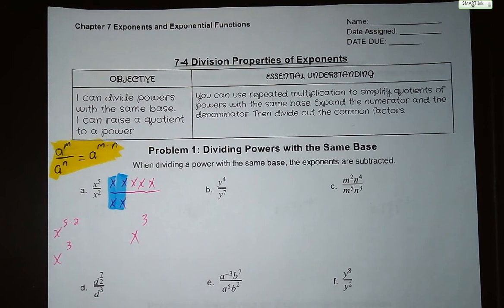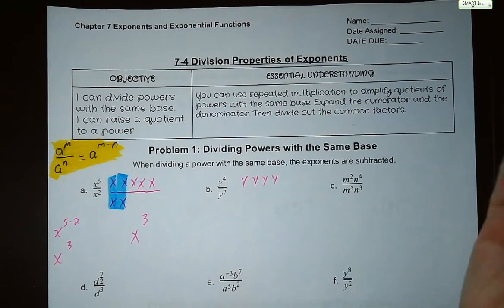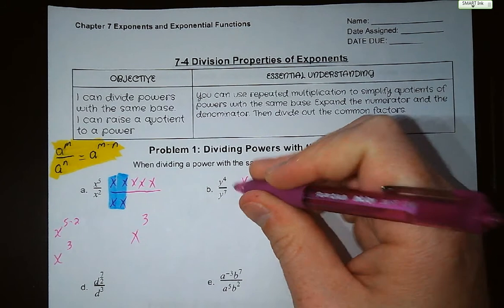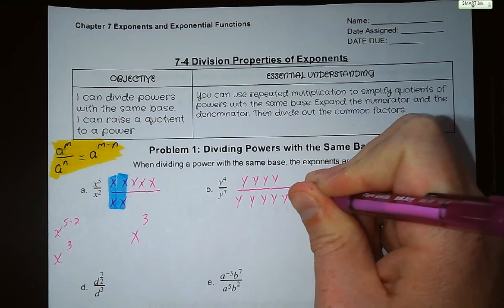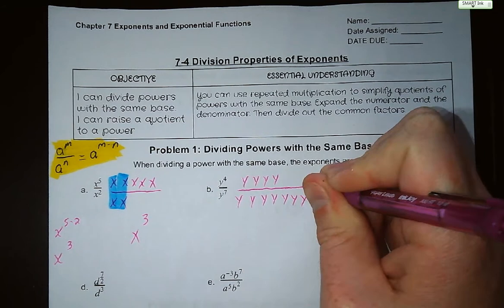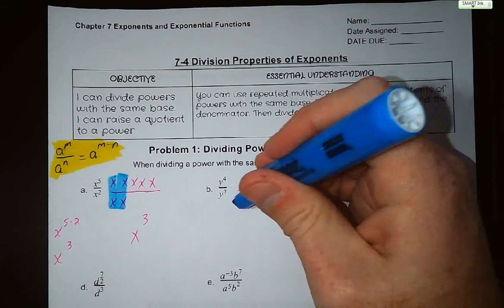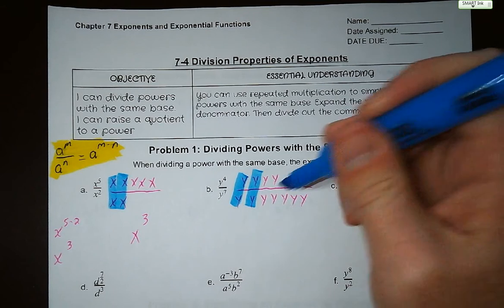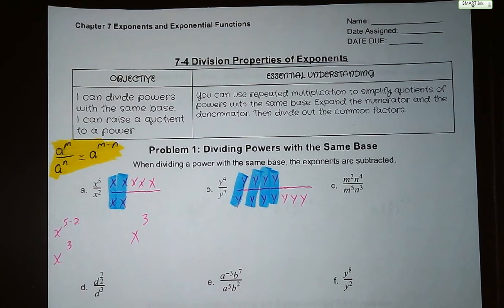All right, now, how about letter B? We've got y to the 4th over y to the 7th. So we have 1, 2, 3, 4 y's in the numerator. We have 1, 2, 3, 4, 5, 6, 7 y's in our denominator. Again, let's cancel out our common factors. So we can cancel out that y, cancel out that y, cancel out that y, and cancel out that y. What do I have remaining in my numerator?